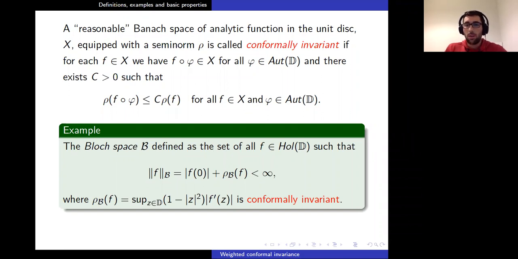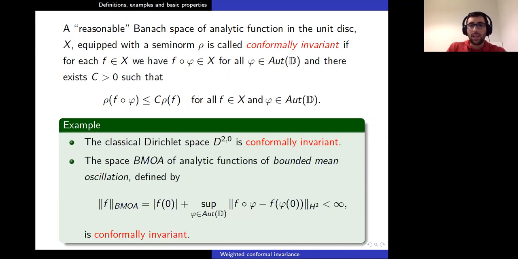I will talk about it later. More examples. The classical Dirichlet space is also conformally invariant, and the space BMOA that consists of all analytic functions in the unit disk such that the supremum is finite is also conformally invariant.